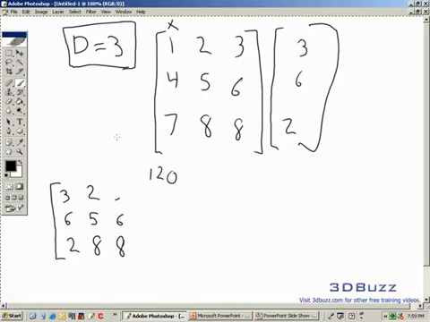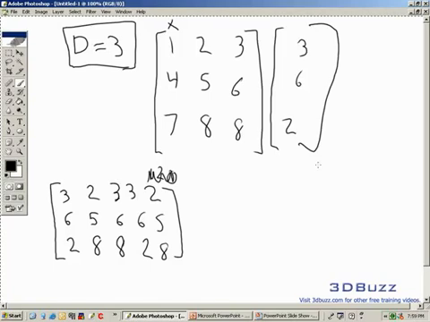I was doing the wraparound in my head. So it's 3, 2, 6, 5, 2, 8. I'm just going to scribble out that 120. So this, I calculated, was 120.